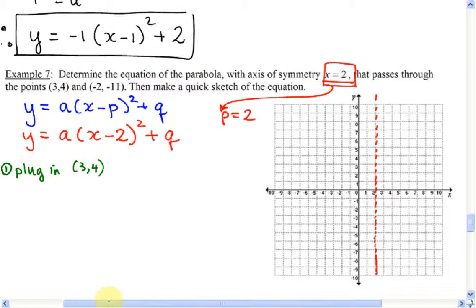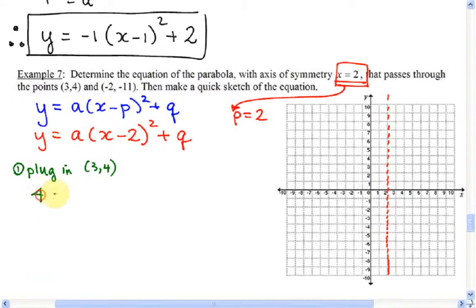You'll have 4 equals a(3 minus 2) all squared plus q. It doesn't help us too much, but it simplifies things a little. What's the simplification of the stuff in the bracket? 3 minus 2 is 1. 1 squared is 1. So all you have here is 4 equals a plus q. Still not so great, but not too bad.